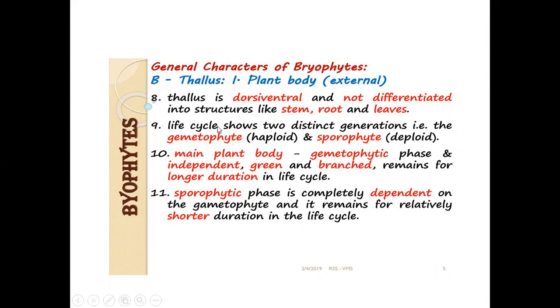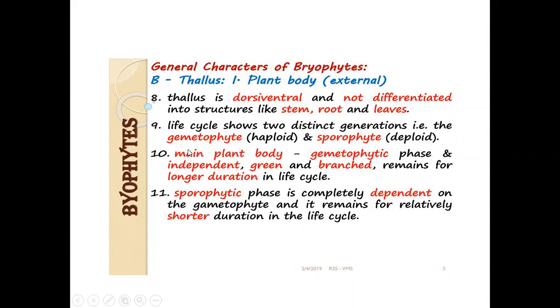Next, in the life cycle we come across two generations. One is called the gametophytic generation and the other is called the sporophyte. In the life cycle of bryophytes, this is a very important point. We come across two generations: one is the gametophyte and another is the sporophyte.